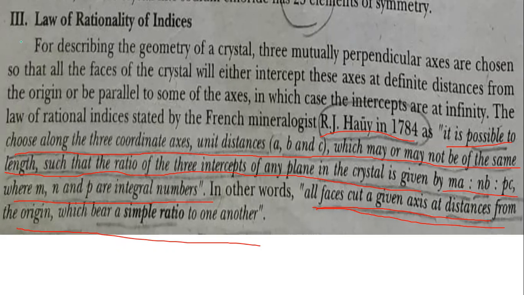It is possible to choose along three coordinate axes unit distances, that is a, b, c, which may or may not be of the same length, such that the ratio of three intercepts of any plane in a crystal is given by ma : nb : pc, where m, n and p are integral numbers.